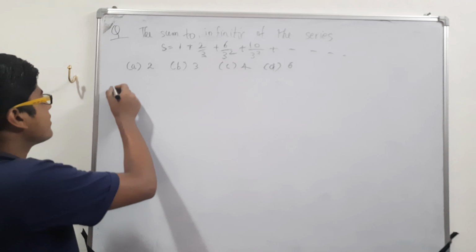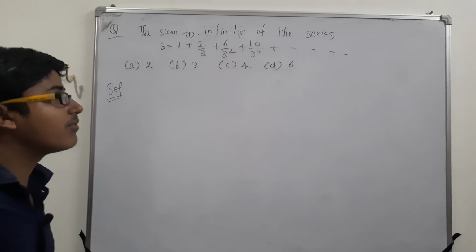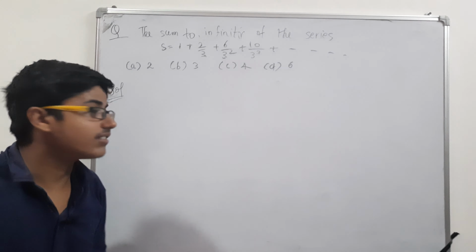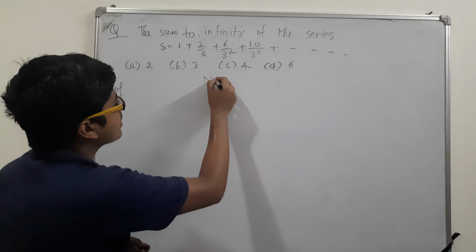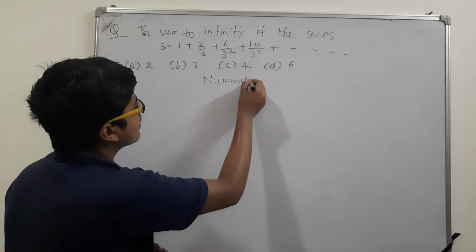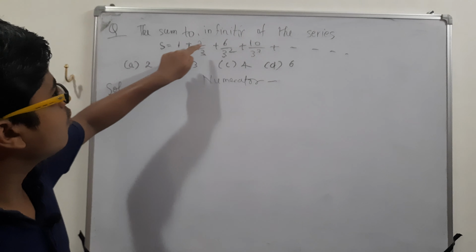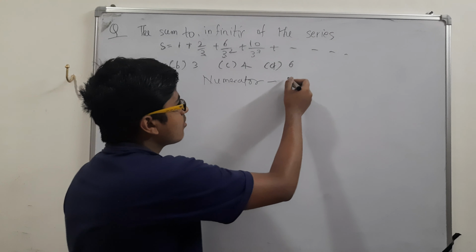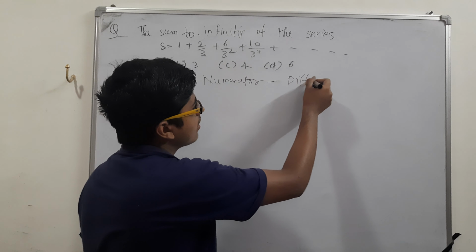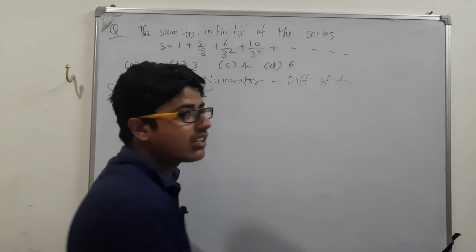Okay, so I am solving this. I hope you have tried. Now see this. In numerator we can see what is happening: 2, 6, 10, difference of 4, difference of 4, difference of 4. So difference of 4 in consecutive terms.